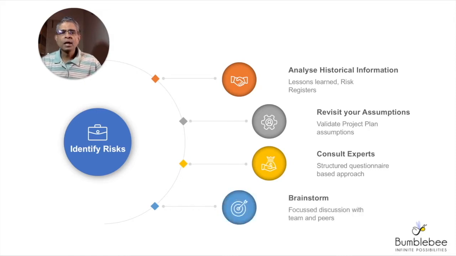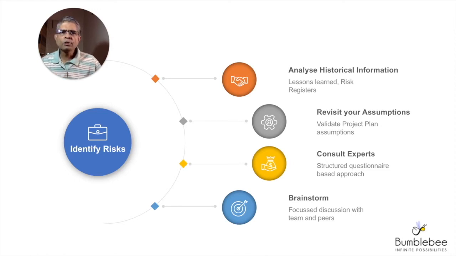And fourth, hold a brainstorming session focused on risk with our own team and our peers in order to identify those risk areas which could be of much critical importance to us in managing the project. So these are 4 key points as to how we can go about identifying risks in a project.